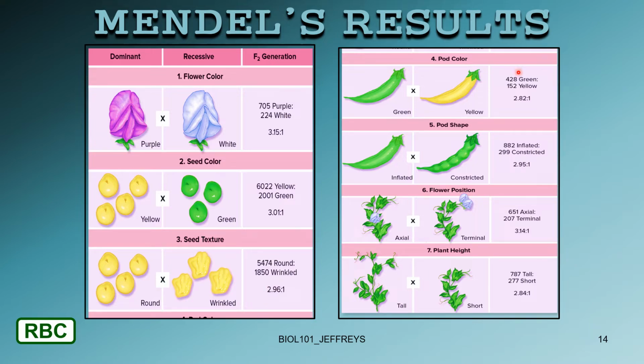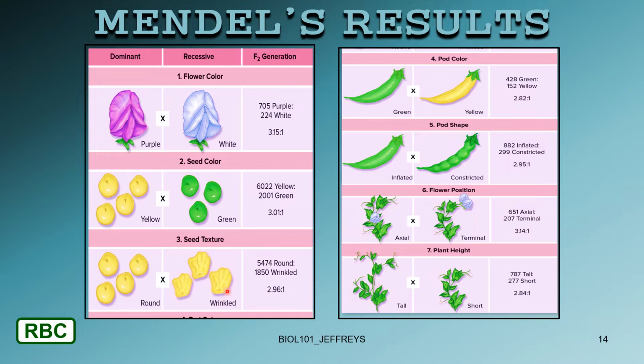And in all of these, what I want you to notice here with these numbers is that you roughly have a 3-to-1 ratio. Okay, so this is 3.15 to 1. 3.0 to 1.